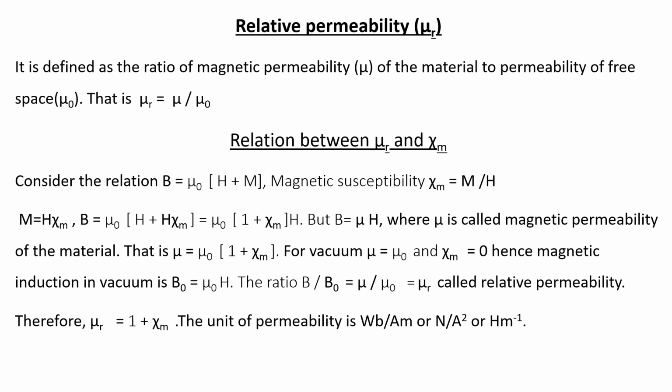In vacuum, mu is equal to mu 0. In vacuum there is no material, so no magnetization takes place. Hence, the magnetizing vector M is equal to 0.